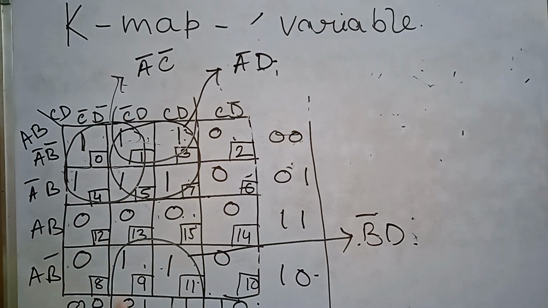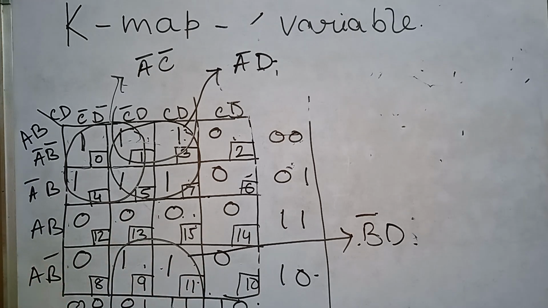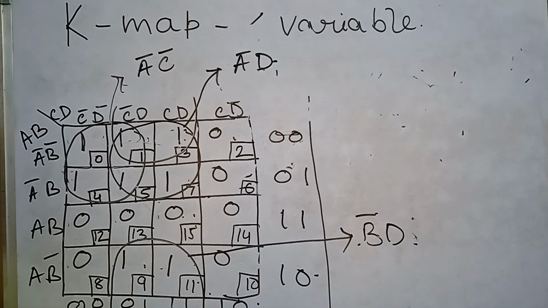No single one is left. All the ones we have put in groups, so our grouping is over, and we have also found the expression for each individual group. Now we will put all these group expressions in a single expression of SOP form. Why SOP form?